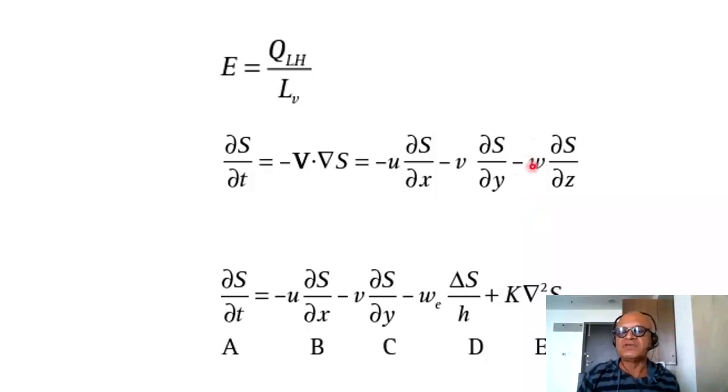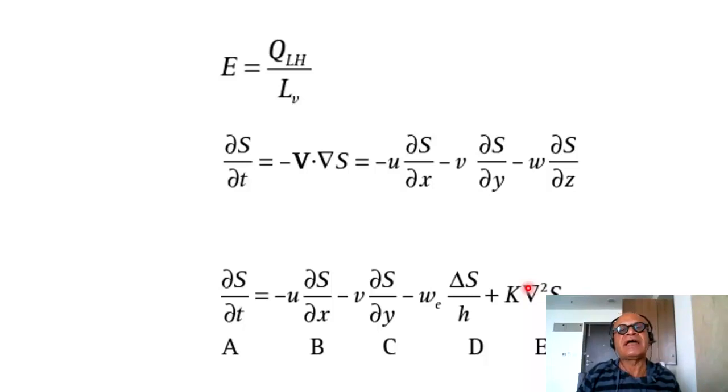There are ways in which these are done where you can convert the salinity flux to a vertical velocity at the surface and so on and so forth, which we will not get into. We'll just simplify it and write it as ∂S/∂t equal to minus U ∂S/∂x minus V ∂S/∂y minus W_E ΔS over H, as we did for entrainment, plus K ∇²S, which is the eddy diffusivity term, similar to the eddy diffusivity term we had added for temperature.